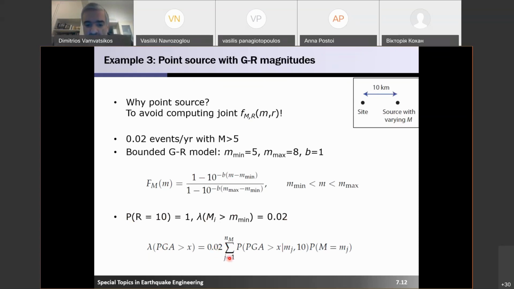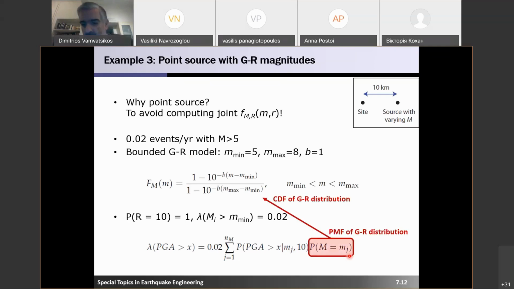And then you have to sum up now. It's not as easy as just a multiplication. Now you have to do a bit of summing up of different magnitude scenarios. So the GMPE, given the magnitude and distance, is given, thank God, and then your probability distribution of the magnitude of the event. Again, this is a continuous distribution, but we've discretized it into bins.